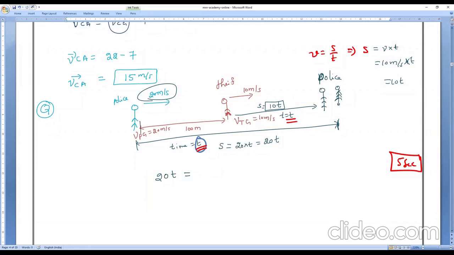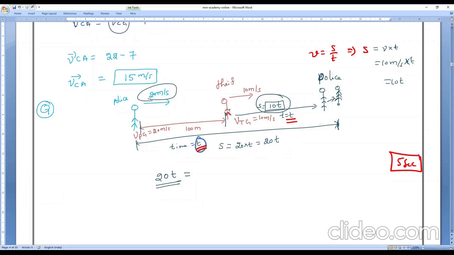The police is covering the 100 meters distance between the police and the thief, as well as the distance the thief covered after seeing the police. What is that distance? 10T. So the total distance covered by the police equals the initial distance between the police and the thief plus the distance covered by the thief after seeing the police.